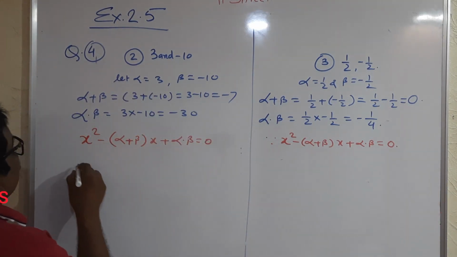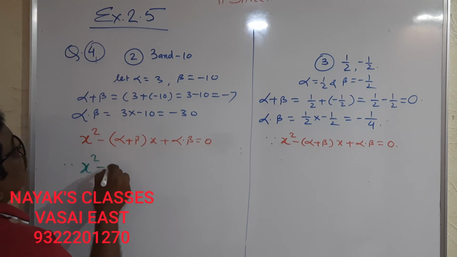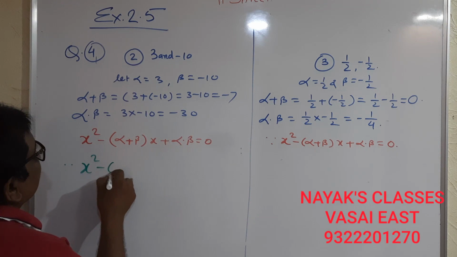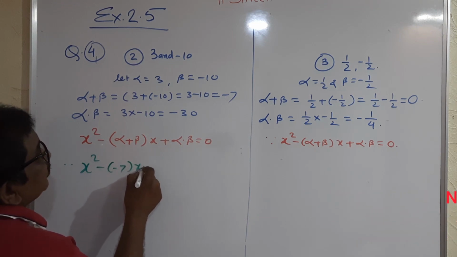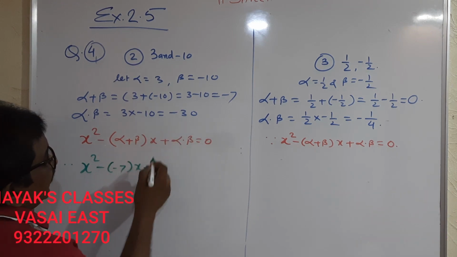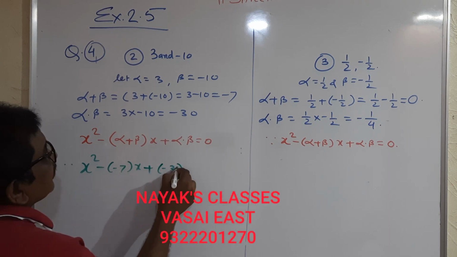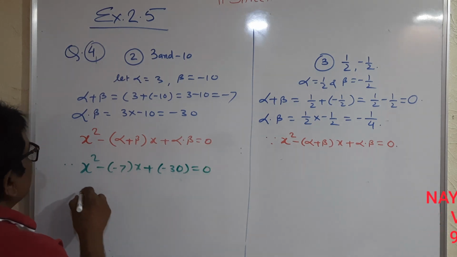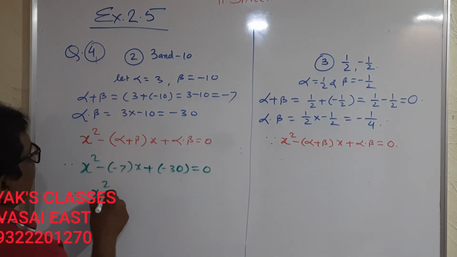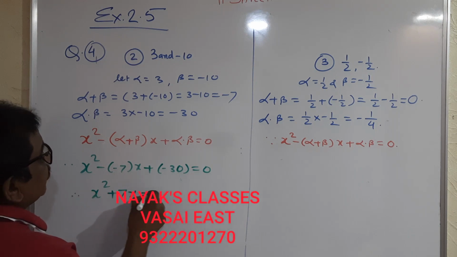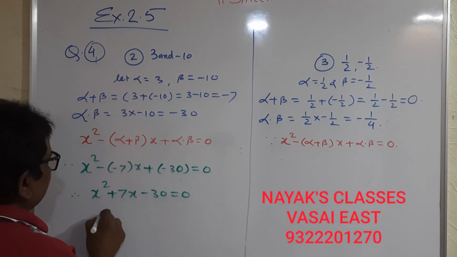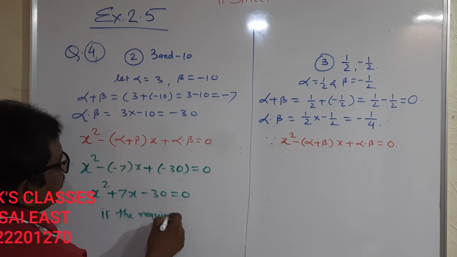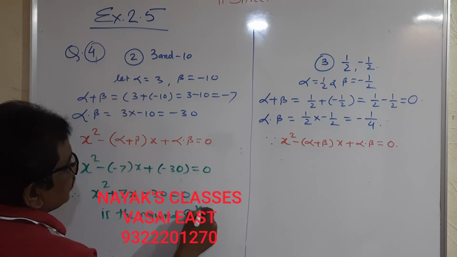Here x square minus into bracket alpha plus beta is minus 7 x plus alpha into beta is minus 30 is equal to 0. Therefore x square plus 7x minus 30 is equal to 0 is the required equation.